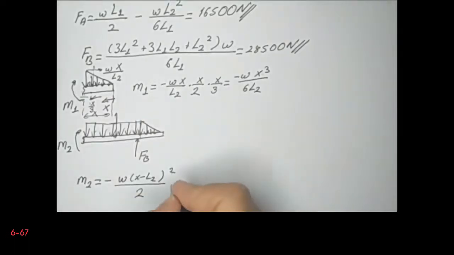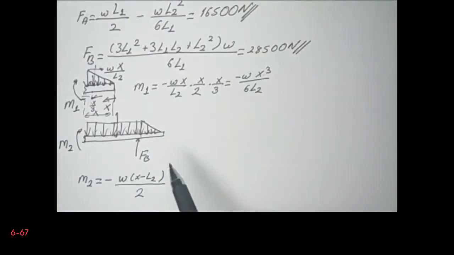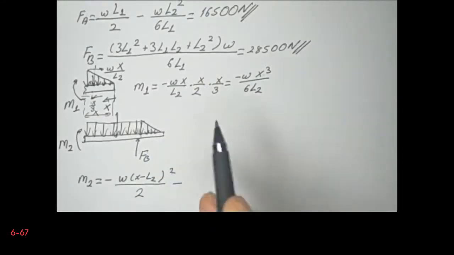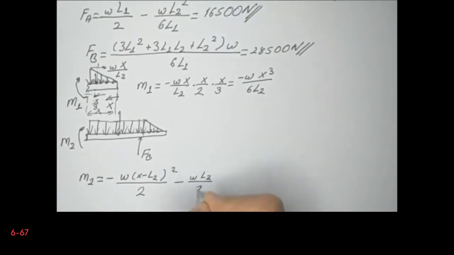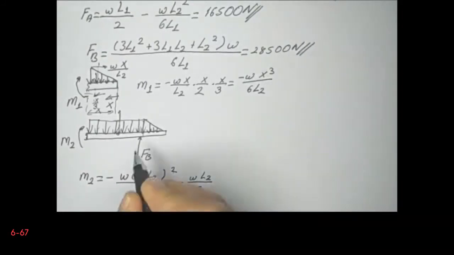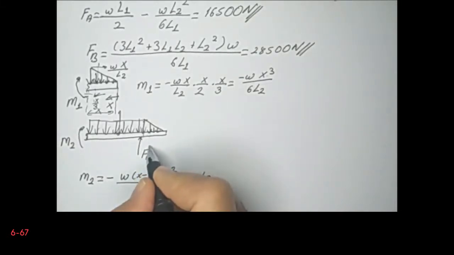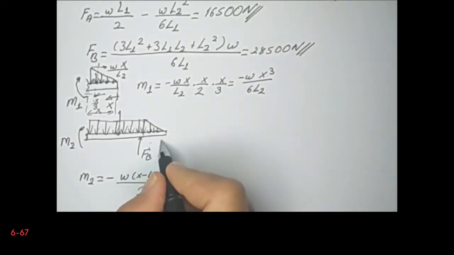Minus, now I will calculate the moment of this area. Here the resultant force is W L2 divided by 2, and this distance is 2 L2 divided by 3.